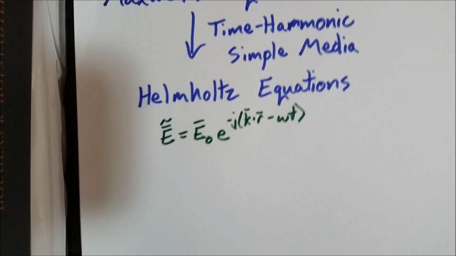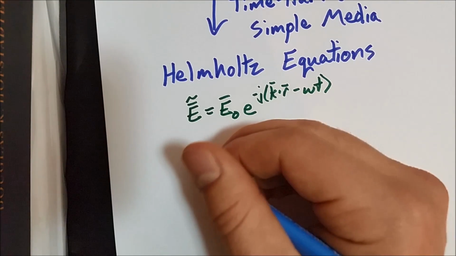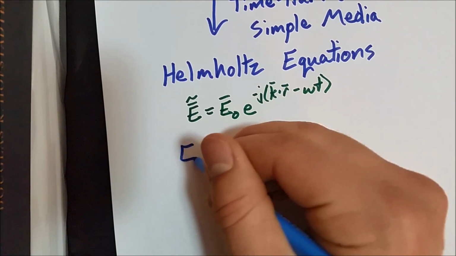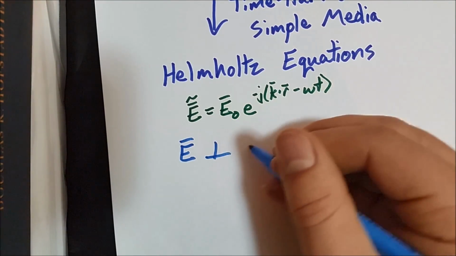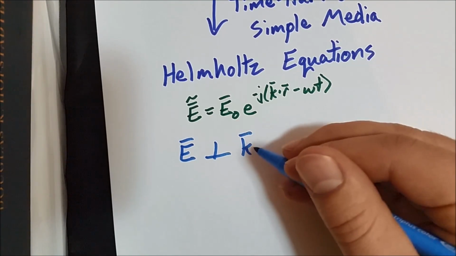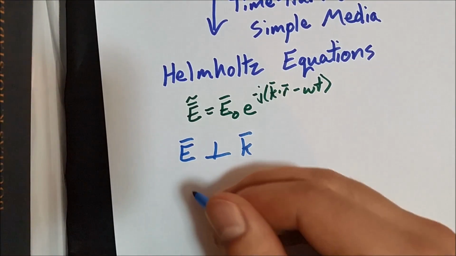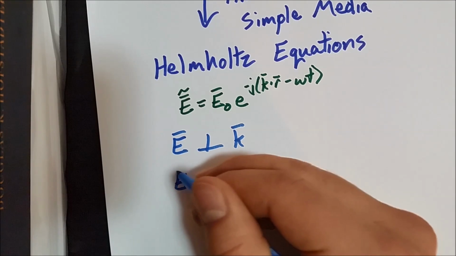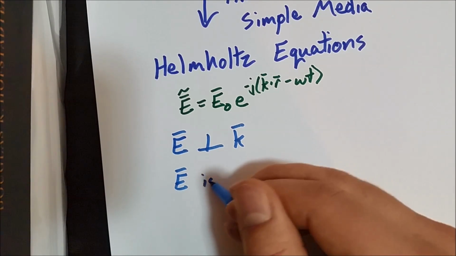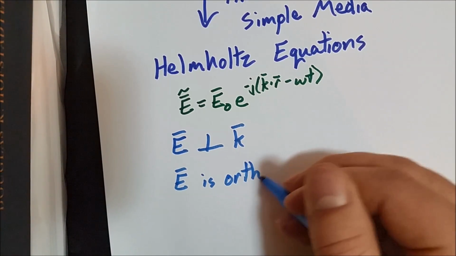And we've come to the conclusion that the electric field is perpendicular to the wave vector, or the direction that it's propagating, and the electric field is orthogonal to the magnetic field.